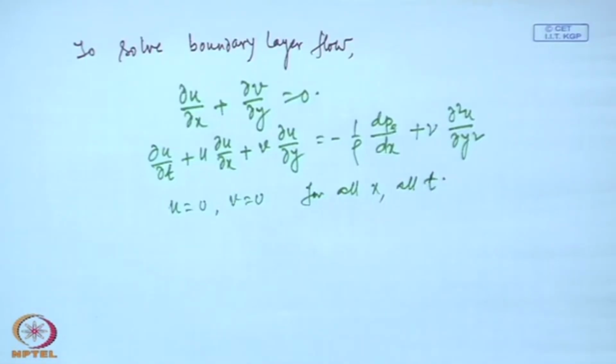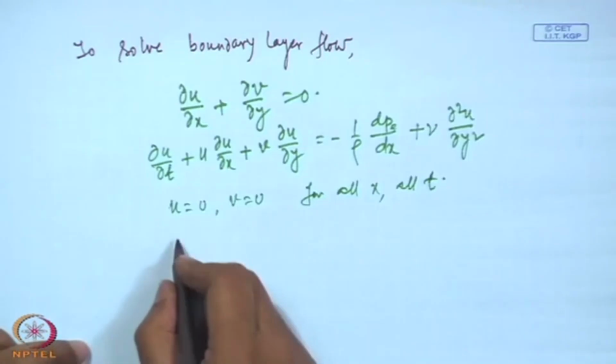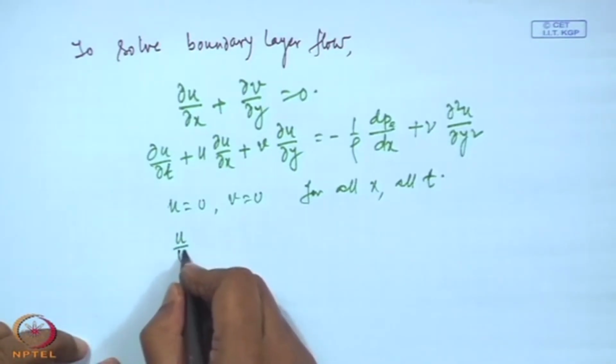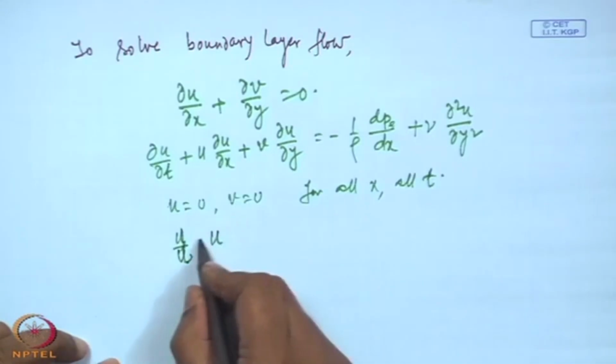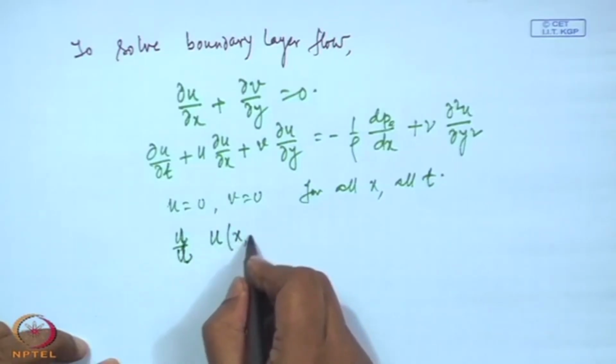Anything? What else? At y equal to delta, u equal to u e. Okay. But we do not know delta. Say let us write it this way, u at any x, that is at any y, at x, t.